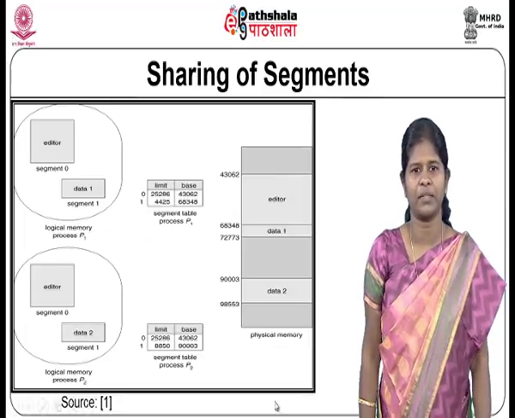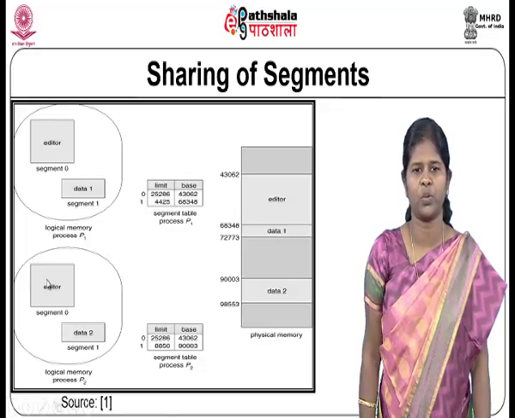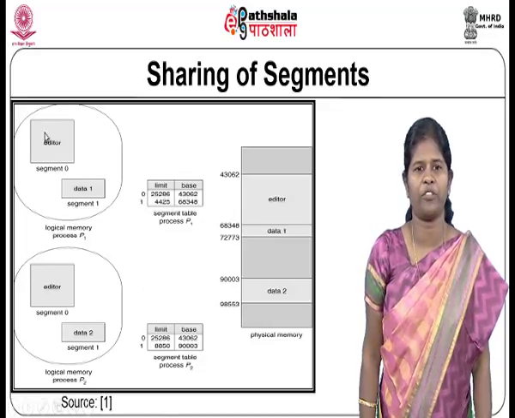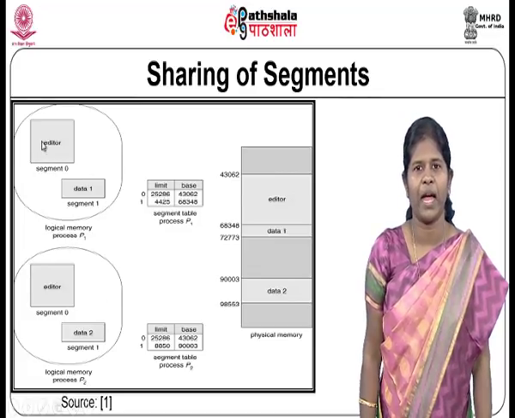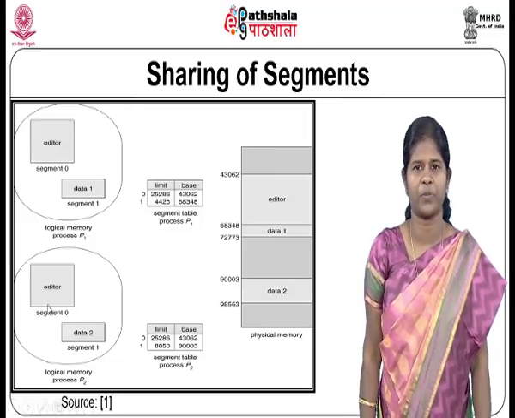Look at this diagram. You see that there are two processes, P1 and P2, the logical memory of process P1 and process P2. And each of these processes uses an editor program, and the editor program can have many segments. Here just one segment is shown, segment 0 corresponding to the editor program.